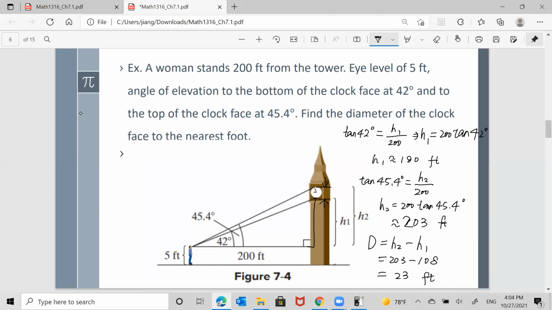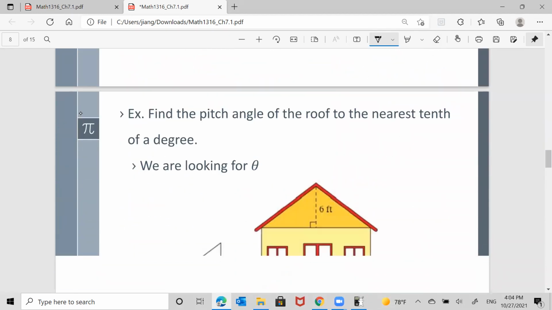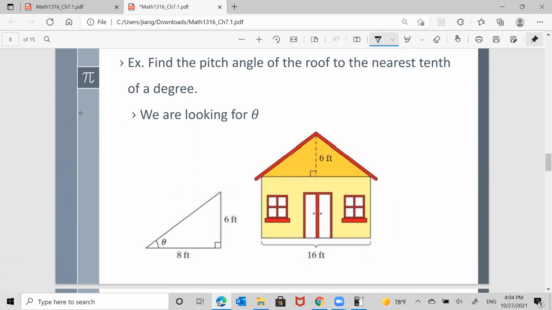Okay, let's move on to see the next one. Find the pitch angle of the roof to the nearest tenth. What's the pitch angle? This is a roof, and the angle here we call the pitch angle.